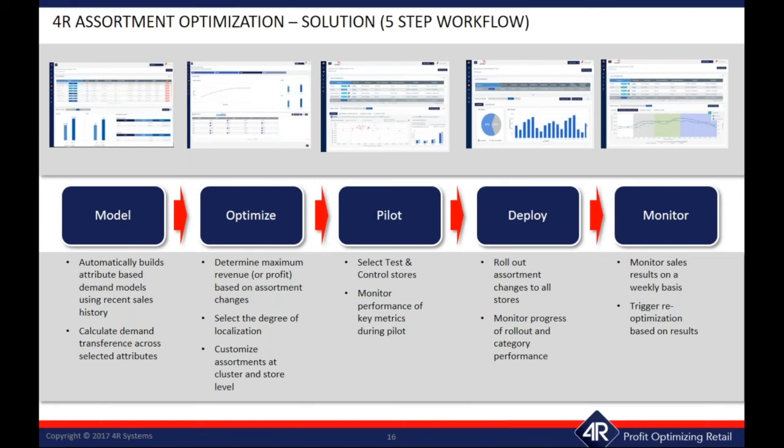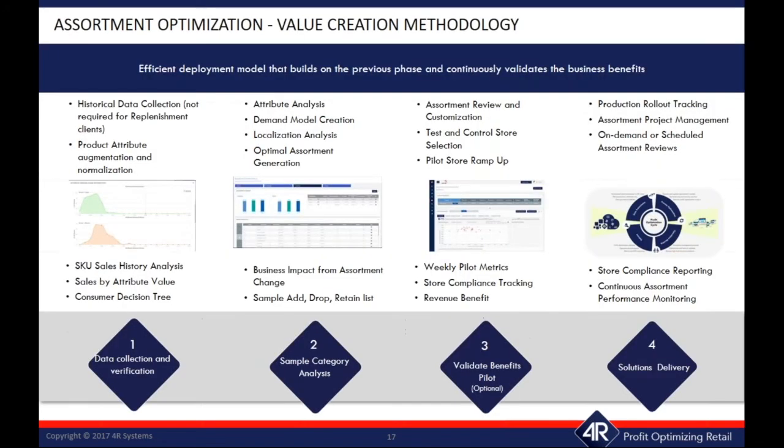And if the results then on your test of an optimized assortment are what you wanted, you then can deploy by rolling that out through the changes to all stores. And then similarly, you can monitor that performance inside of this tool on an ongoing basis. So as you can see, it provides a complete cycle from start to finish and loop back around to start again to decide when is the next time that you need to do reassortment. So we find this 5-step workflow to be very close approximation to how most retailers think and work.